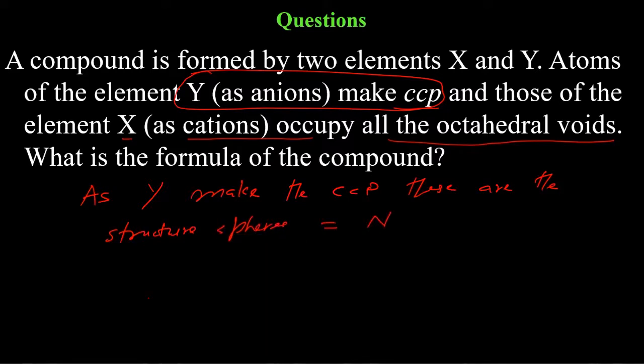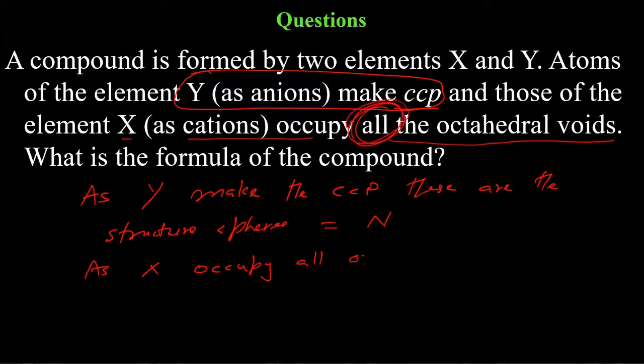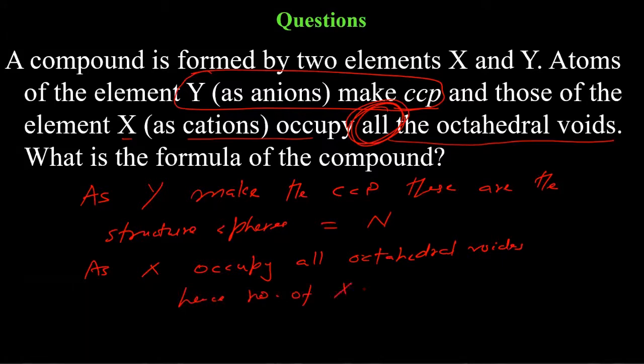That is N. As X occupy all the octahedral voids, hence the number of X is also equal to N. Octahedral voids are equal to N. It means the ratio X to Y is N to N, 1 to 1, that is XY.